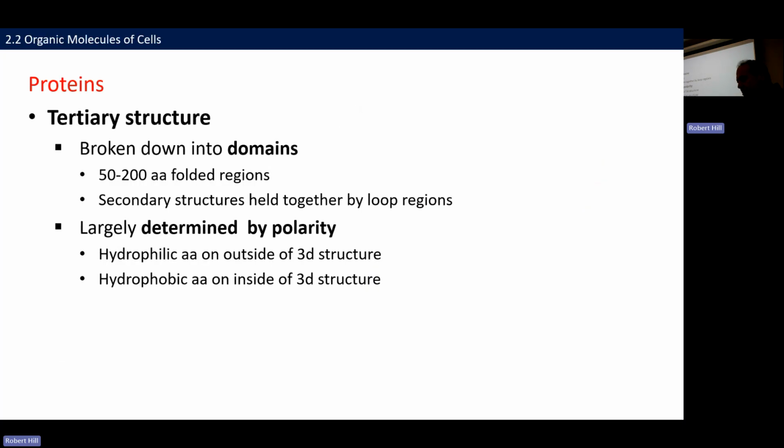All right, one important term here, the domain. So tertiary structures, the final folding, has domains. And you can identify the domains in just the sequence of the amino acids. Right, so our protein, maybe this right here is a DNA binding domain, which means it's going to latch onto a piece of DNA.